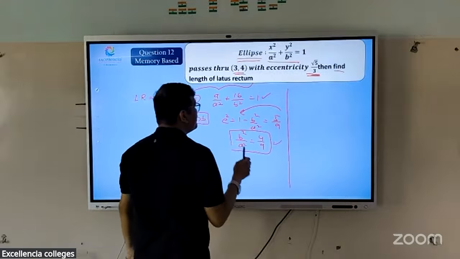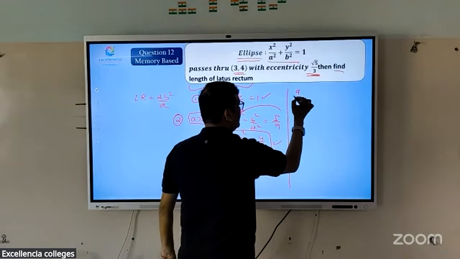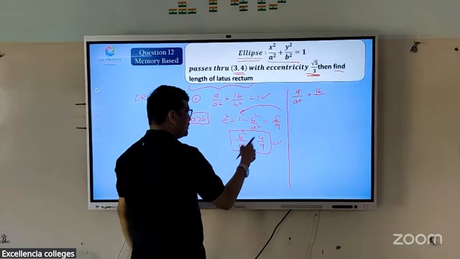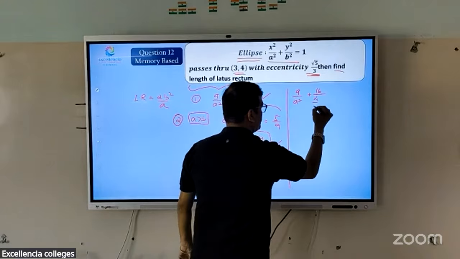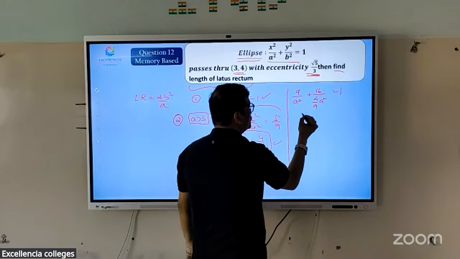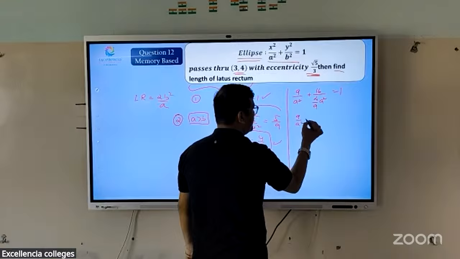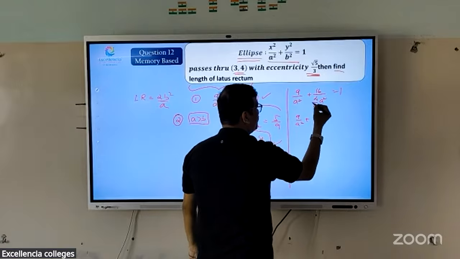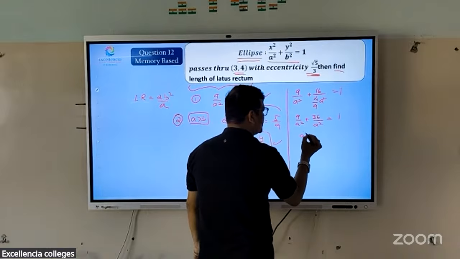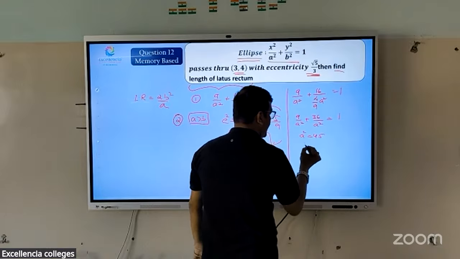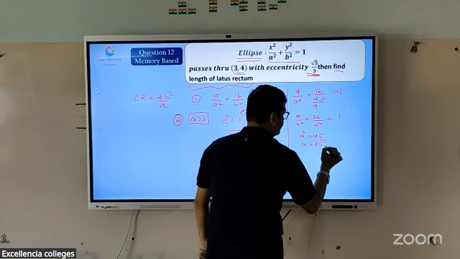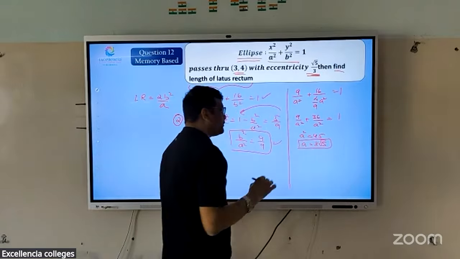Now I have to solve this to get my answer. I can put it here: 9 by A square plus 16 by B square equal to 1, with B square as 4 by 9 of A square. So 9 by A square plus 36 by A square is equal to 1, so A square is 45. A is 3 root 5.